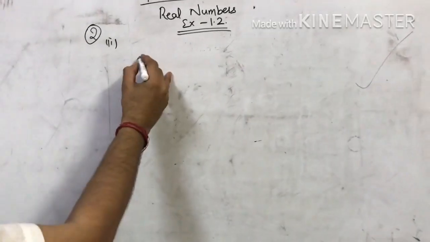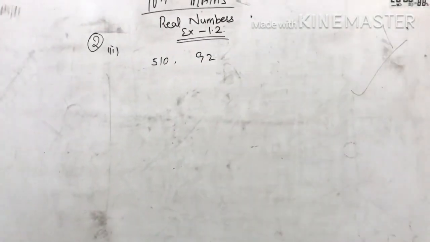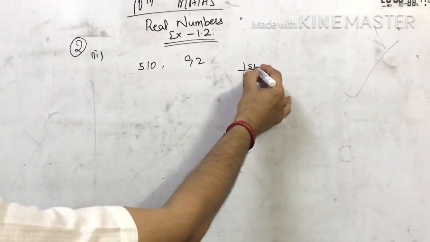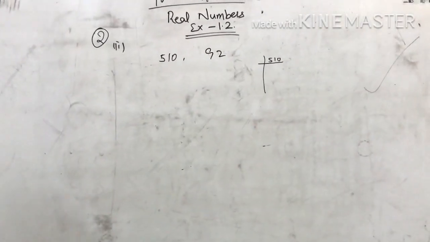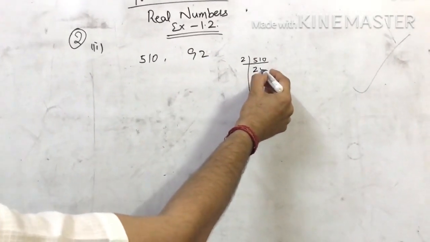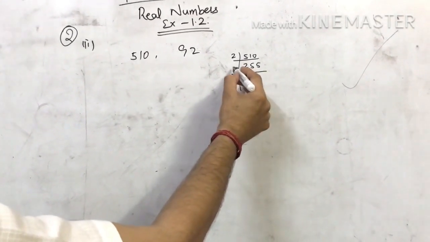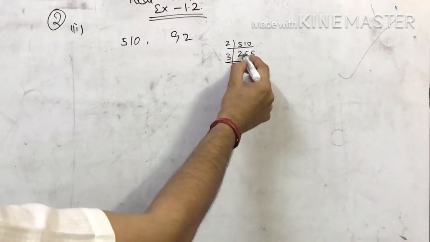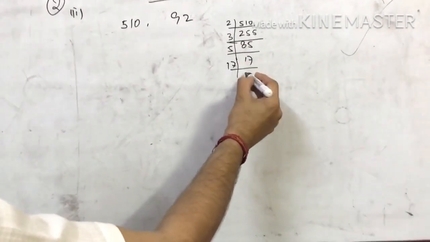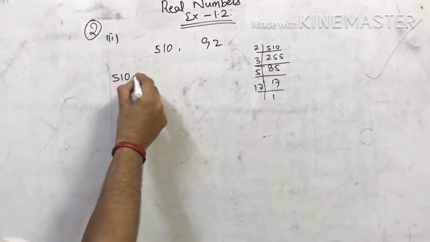So question number 2, second part. Numbers are 510 and 92. So you have to find out the factors. You can find out the factors of 510 and write down here.